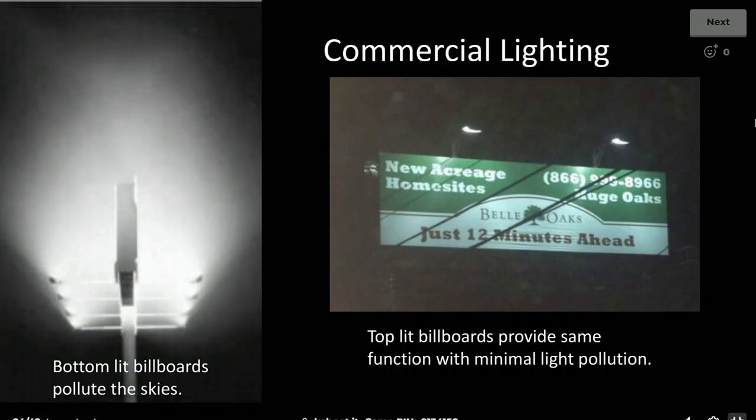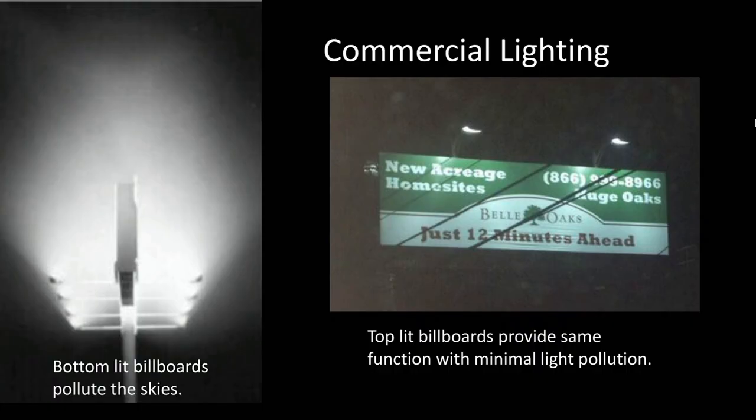ideas. So the two that we're going to focus on really are just how you point your lights. So certainly in cities, we've decided that at night we want some lights, either for advertising or for safety reasons, but there's smarter ways that you can do it.